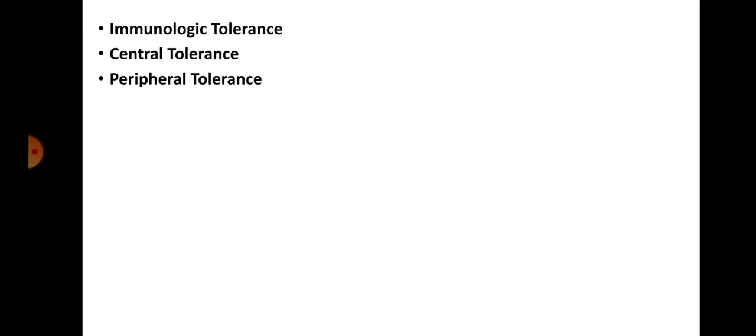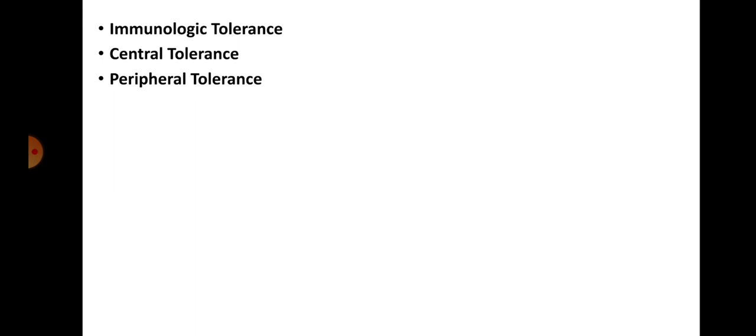Lymphocytes with receptors capable of recognizing self-antigens are generated constantly, and these cells have to be eliminated or inactivated as soon as they recognize self-antigens to prevent them from causing harm. The mechanisms of self-tolerance can be broadly classified into two groups.